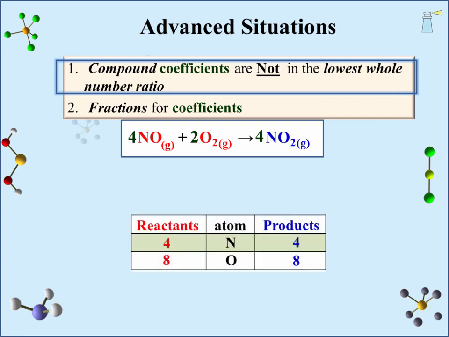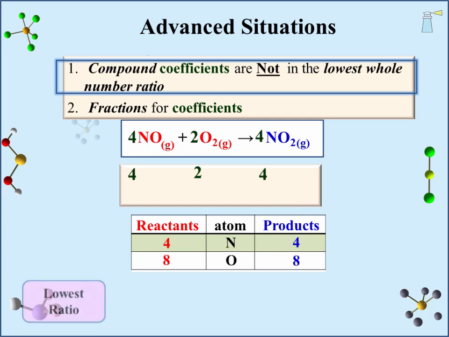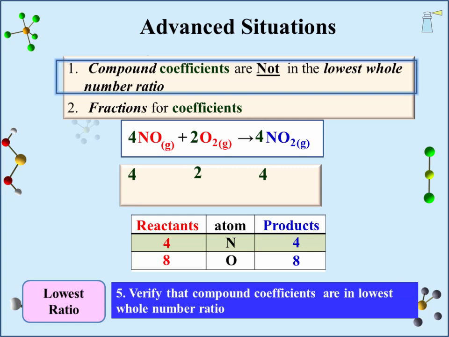While this set of coefficients does produce equal numbers of atoms in the reactant and product sides, it is still not considered balanced. Looking at just the coefficients, 4, 2, 4, we see that they fail the step 5 requirement of lowest whole number ratio. The ratio of 4 to 2 to 4 is not the lowest whole number ratio.